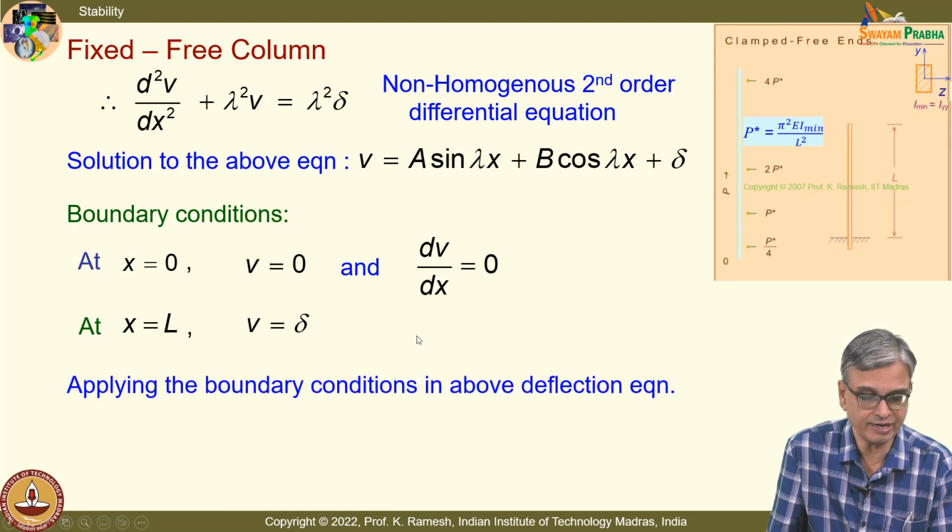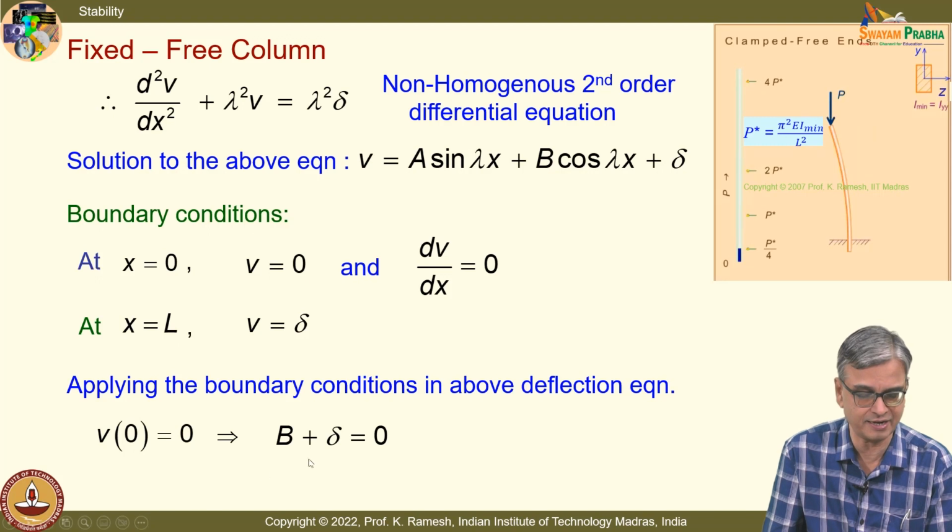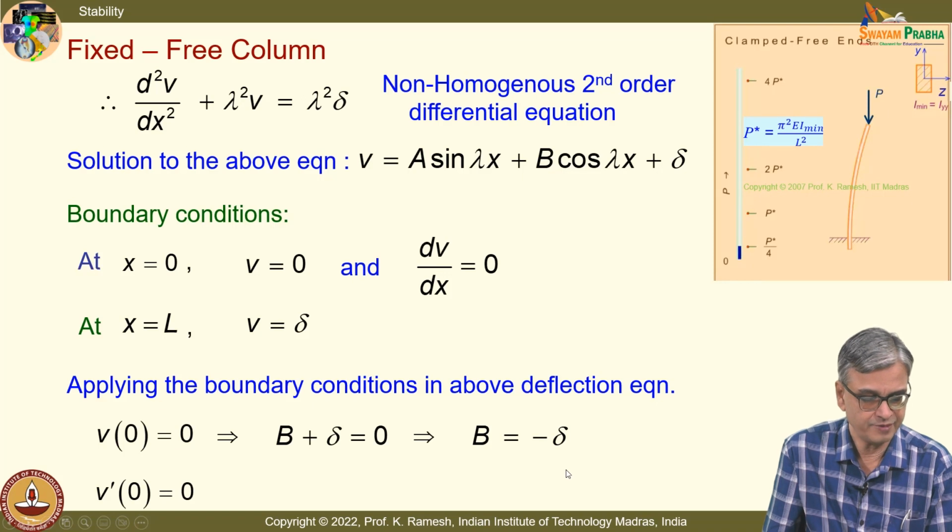So, applying the boundary conditions in the above deflection equation, we get v of 0 equal to 0. Because this is straightforward mathematics, there is no difficulty, you have enough background, you can in fact do it much faster than what I am showing. B plus delta equal to 0. So, this reduces to B equal to minus delta, and v prime of 0 equal to 0.